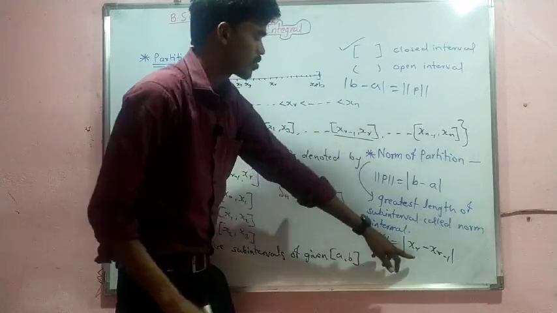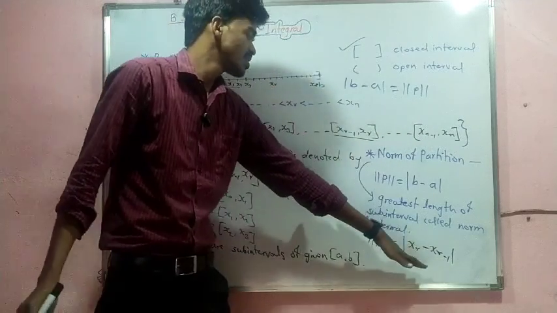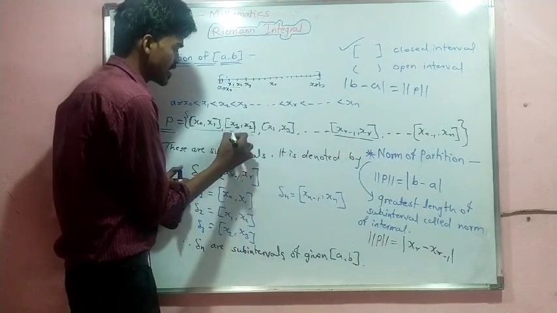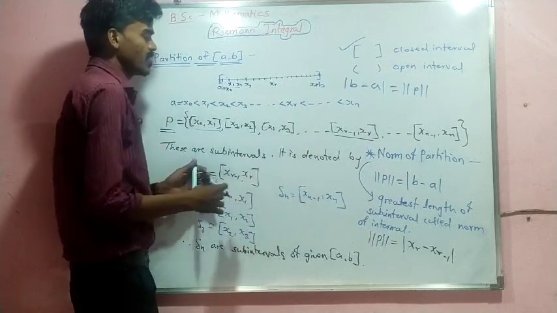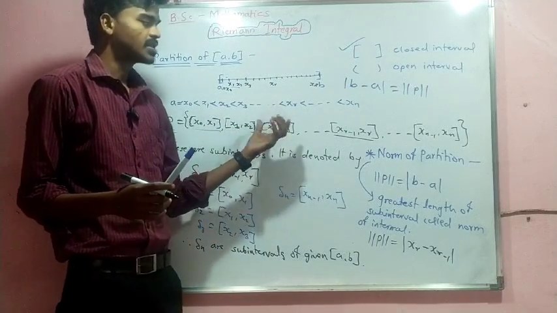We don't know which interval it will be, because we need to find the greatest length; it may be this or this or this.